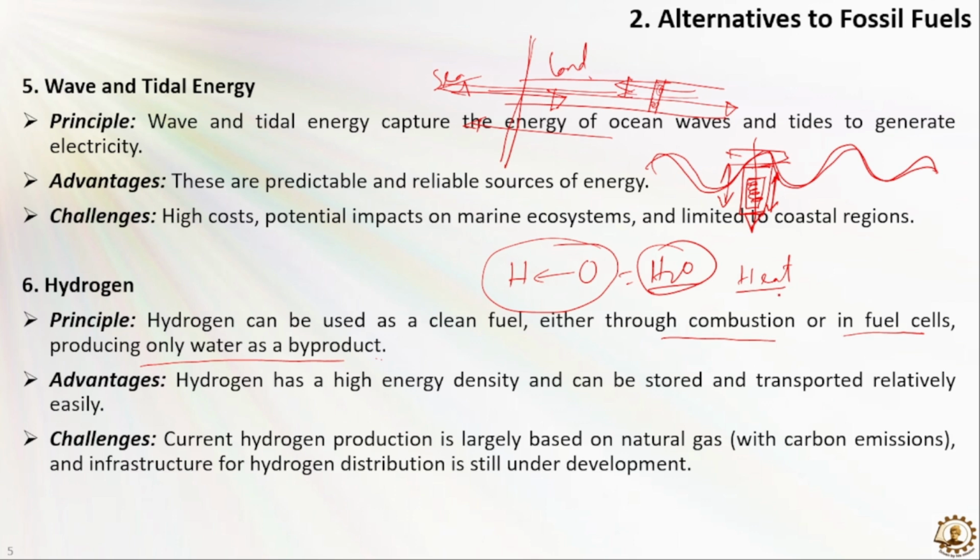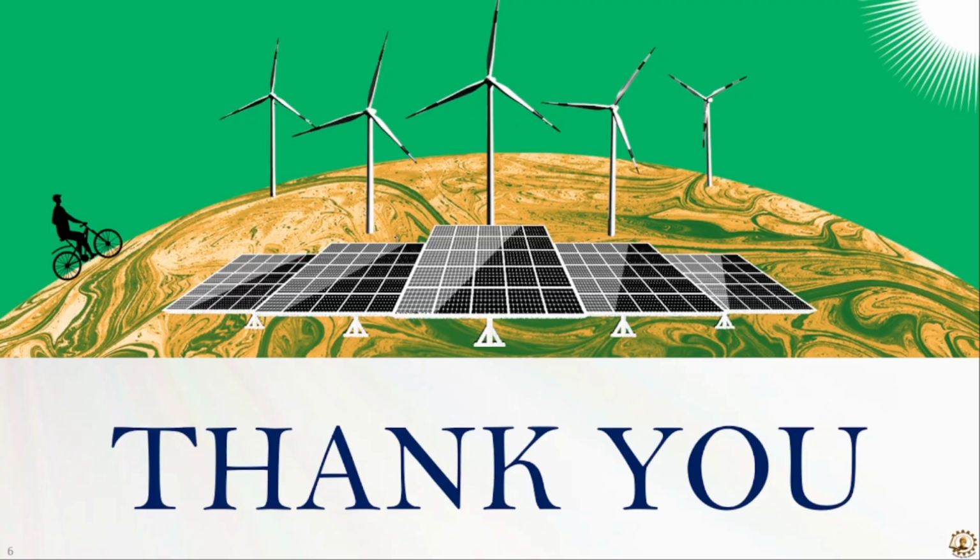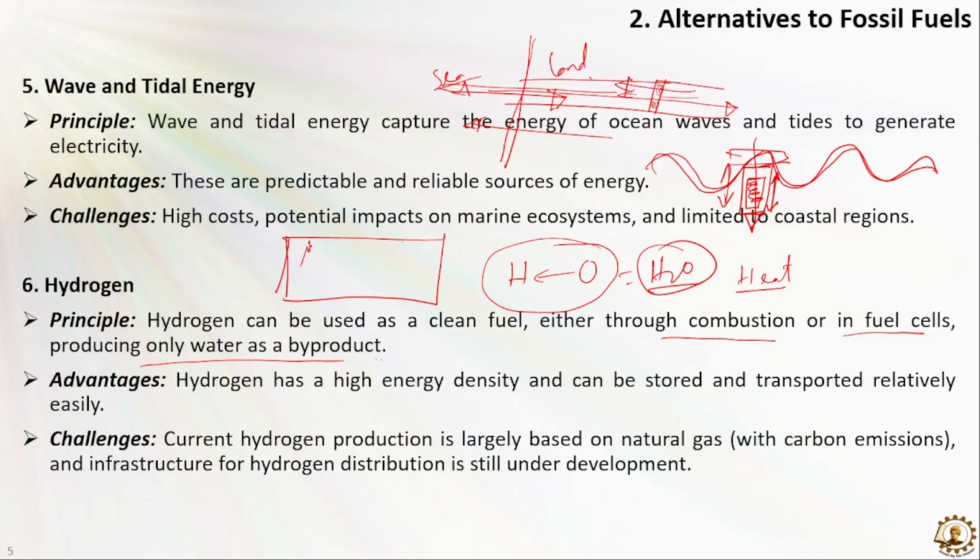The advantage is that it has a very high energy density. That means if we install a large area of solar farm or windmills, the whole area may create, suppose, 1 kilowatt of power, but a single atom can generate this kind of power.